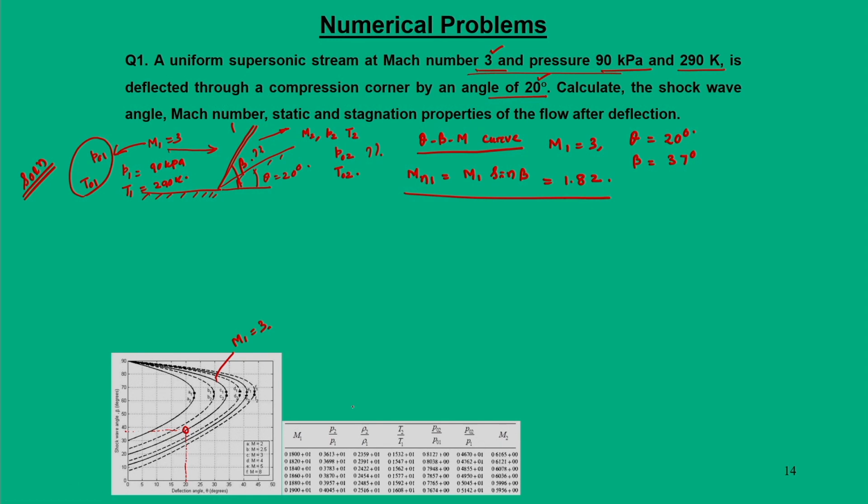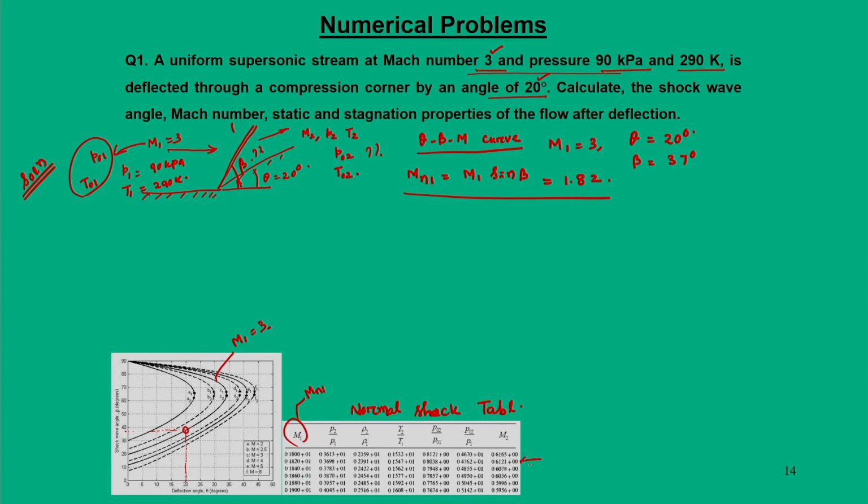Then you have to refer to the normal shock table. This is an extract from the book by John D. Anderson and Russell. For this normal shock table, M1 now refers to Mn1.